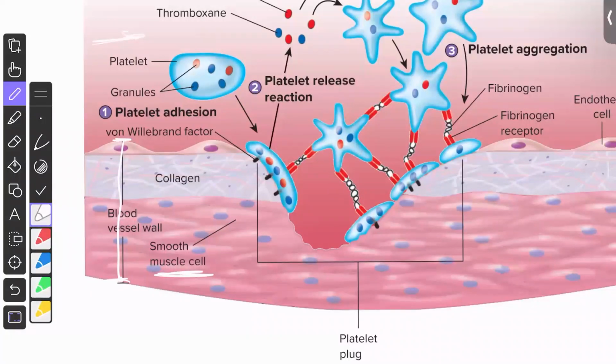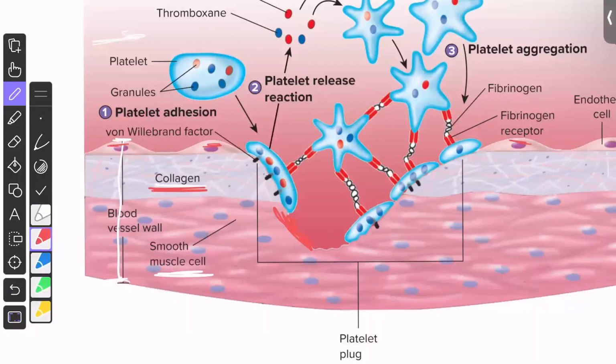Okay. So we've got a tear in that vessel that has happened, and it has exposed the collagen and the smooth muscle. Okay. These are your endothelial cells in here. Those endothelial cells become sticky and they start to sort of attach to things.